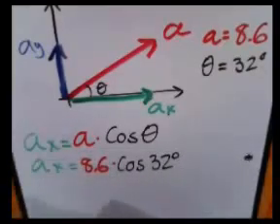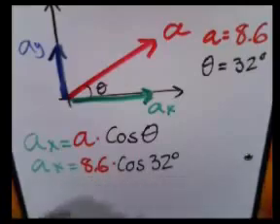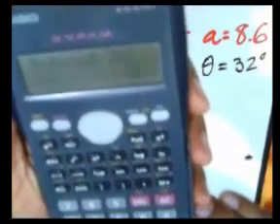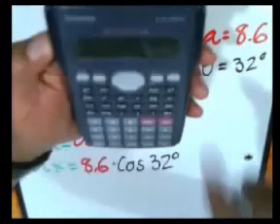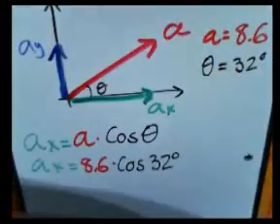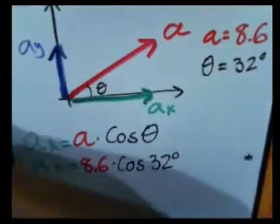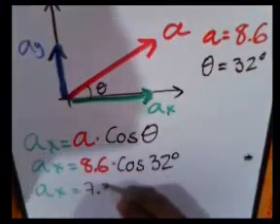How do you do that in your calculator? Well, in your calculator you can just write this whole thing. You don't need to do separate operations. So I'm just gonna show you here. What I do is 8.6 times cosine of 32, I just write that whole thing, and when I get the result, it tells me that the x component of this vector is equal to 7.29, so I'm going to round that to 7.3.